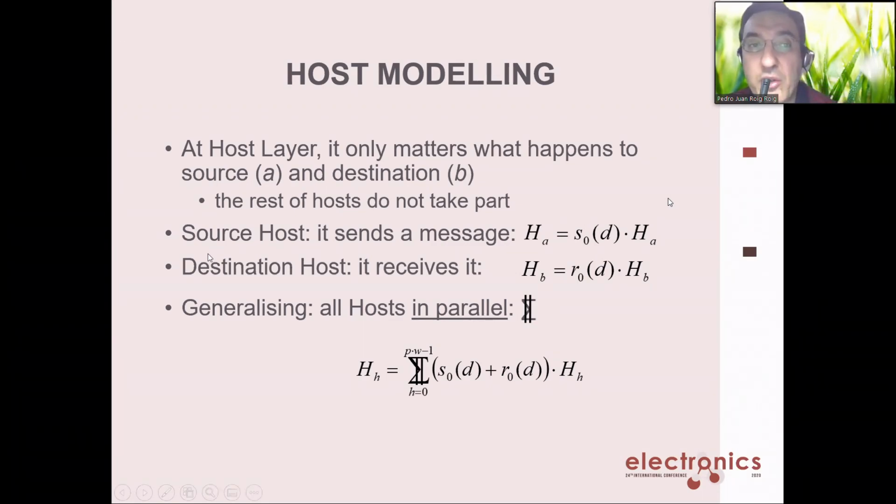The source host H sub A sends the message, and the destination host H sub B receives the message. Generalizing, meaning putting all hosts in a concurrent manner, we have all hosts going from 0 to PW minus 1. They only send or receive the message.